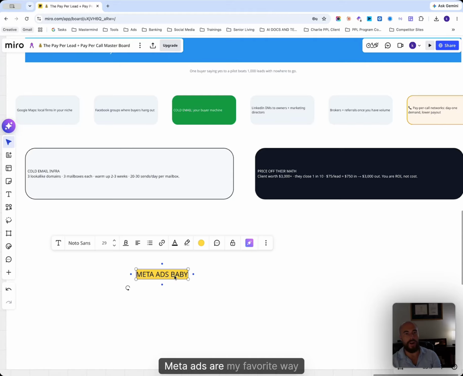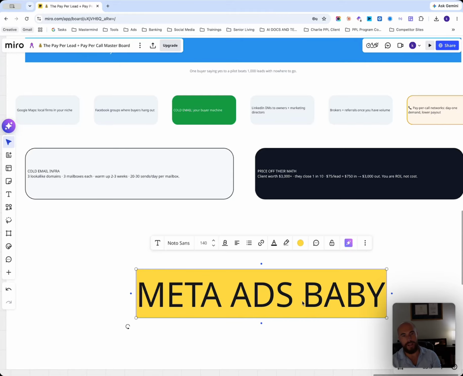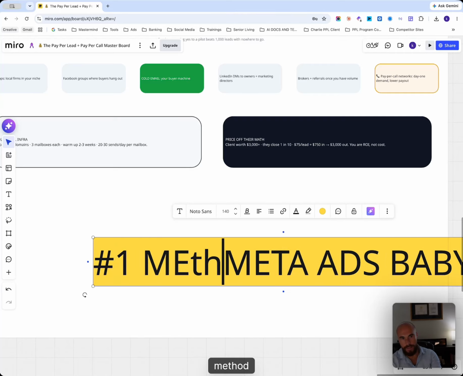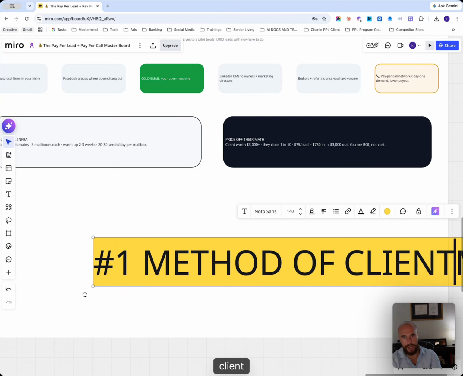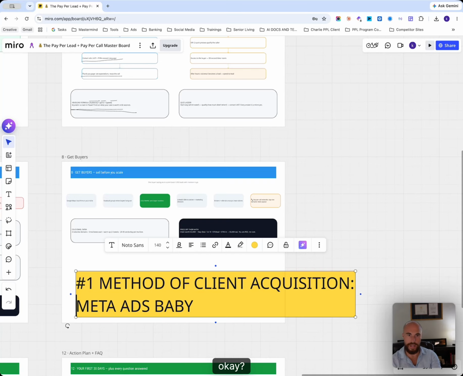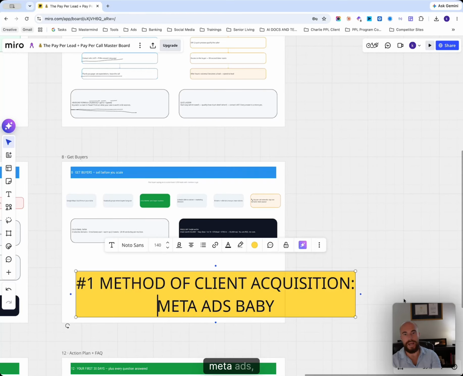Meta ads are my favorite way to get clients. This is the number one method of client acquisition. This is the alpha, okay? This is the alpha, bruh, is Meta ads.